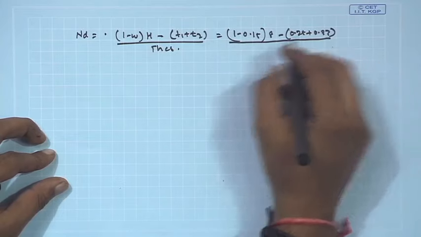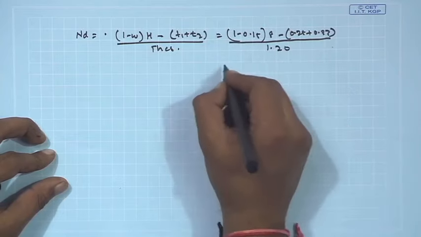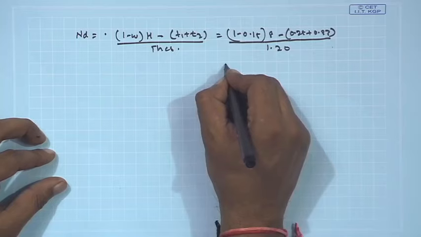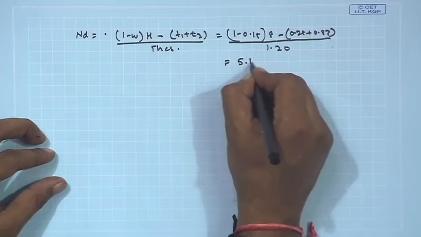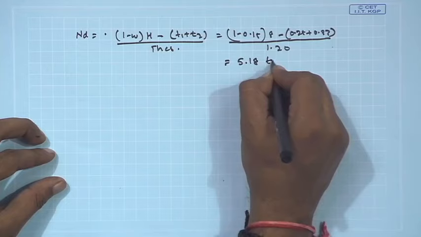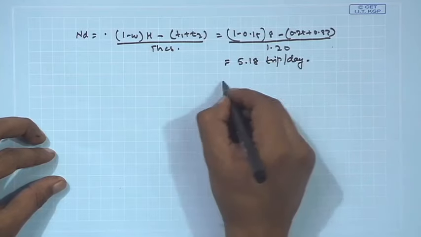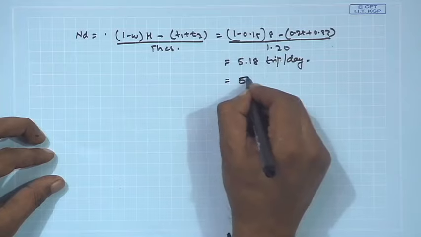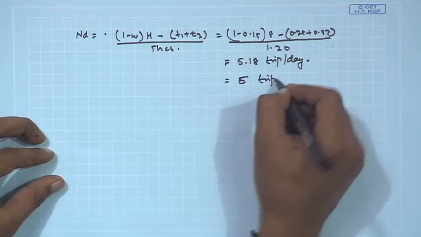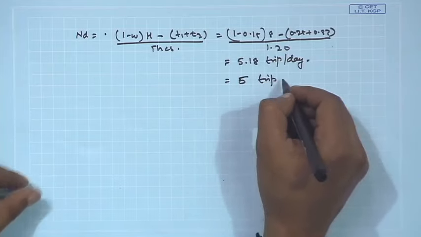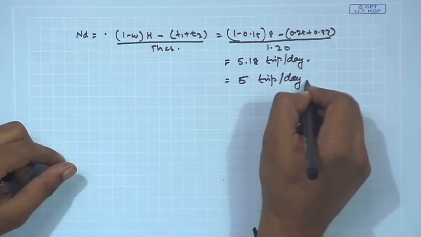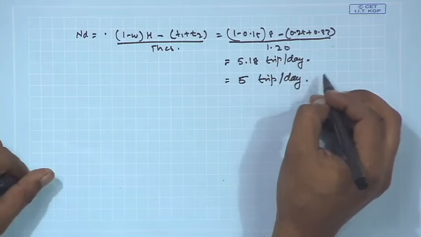THCS we have just found, that is 1.20, and if we calculate this value, it would be 5.18 trips per day. So you can say per day it will do 5 trips. That would solve the first part of our question.